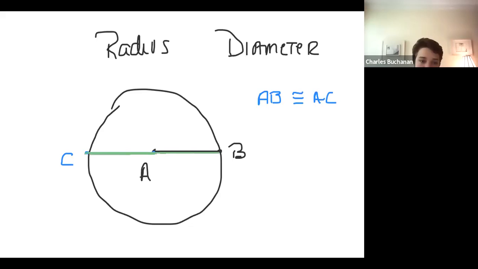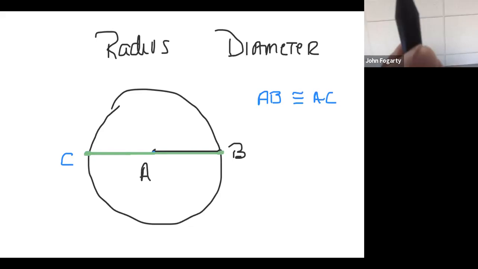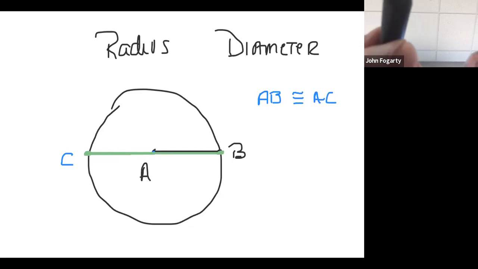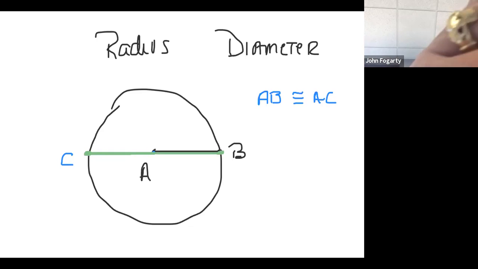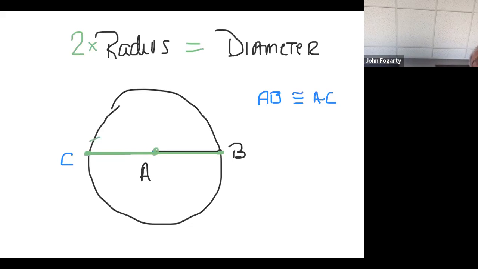Diameter, yeah, this is a diameter. What's the definition of diameter? A chord that goes through the center of a circle. Well, I just showed you that if I take a radius and multiply it by 2, this and this gives me a diameter.